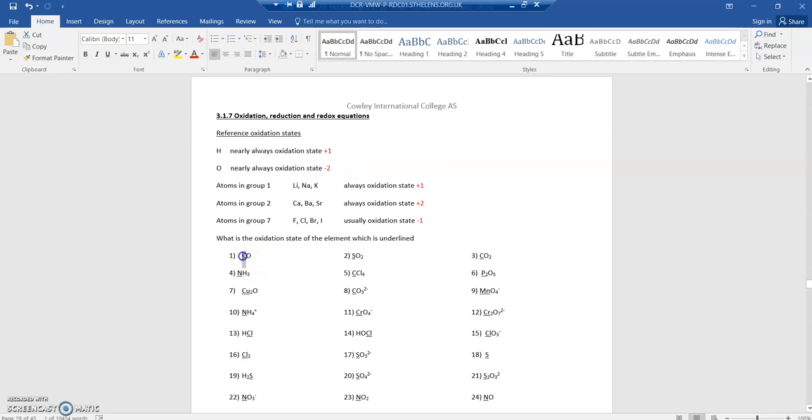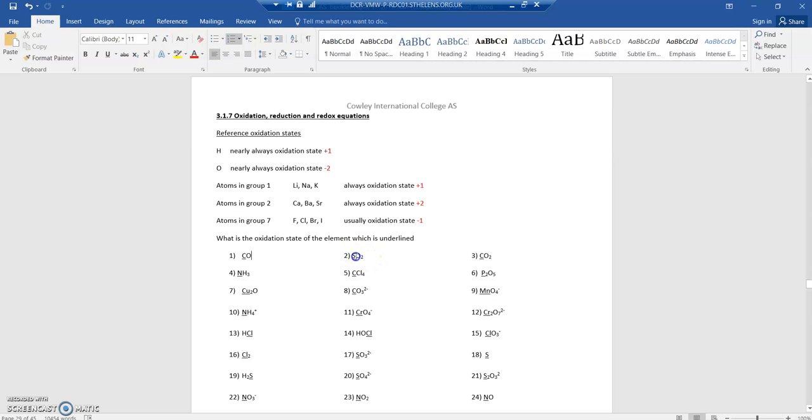So something, the carbon, minus 2, leaves no charge overall. So what number minus 2 equals 0? X minus 2 equals 0. X, which is the oxidation state of carbon, the unknown number, therefore is plus 2. Because plus 2 minus 2 leaves no charge whatsoever.